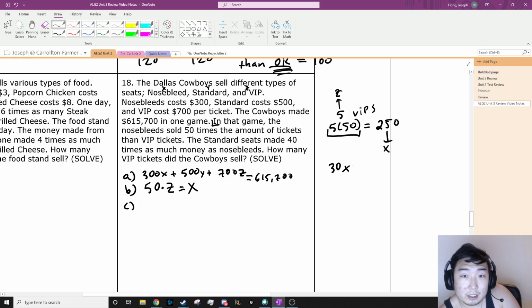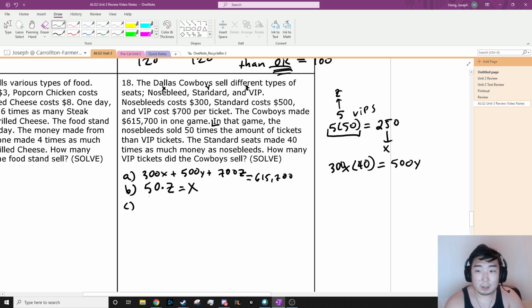The other thing they're talking about besides the standards, which is nosebleeds, I would multiply by 40 to get my standard. Did I say 30? Whoops, I meant 300. And this would equal 500y. So 500y is equal to 40 times 300x.